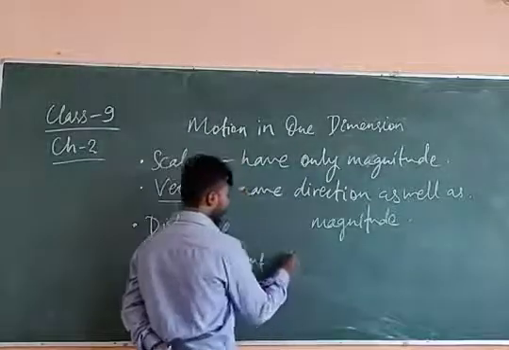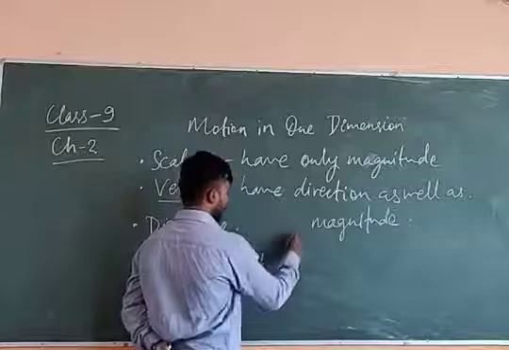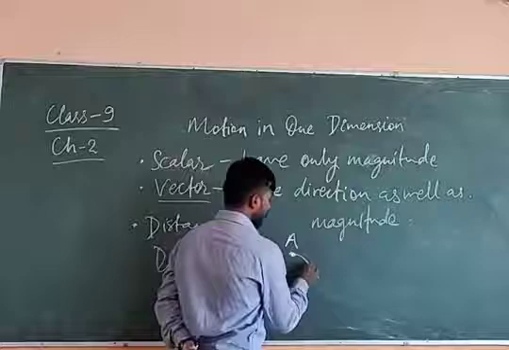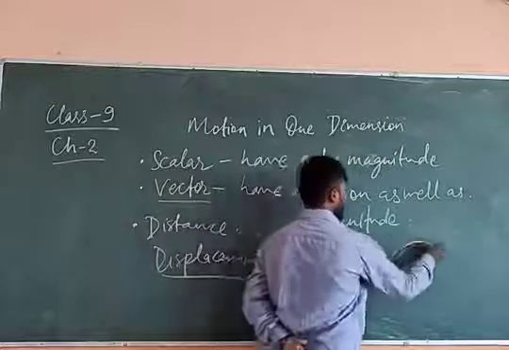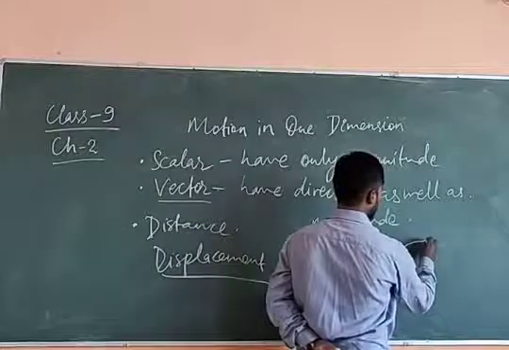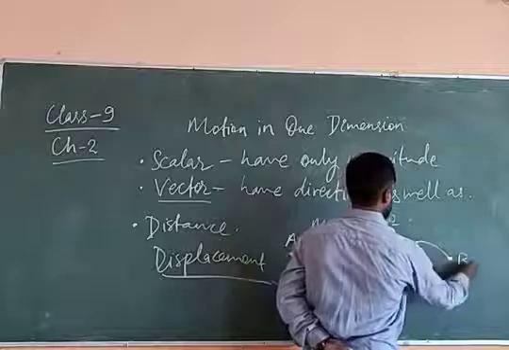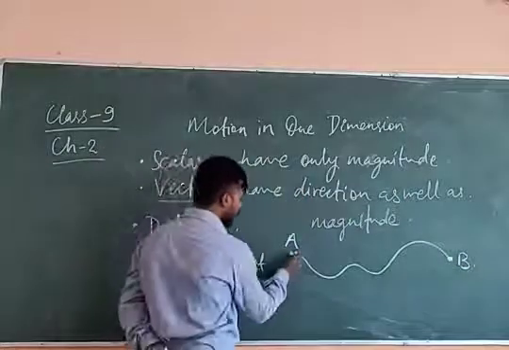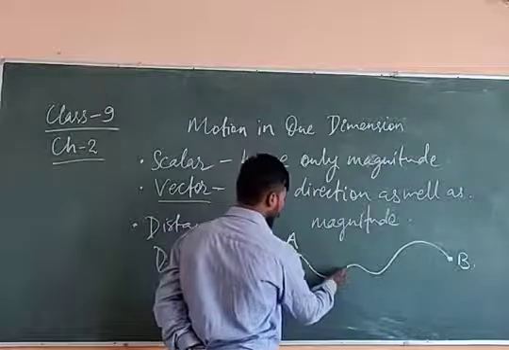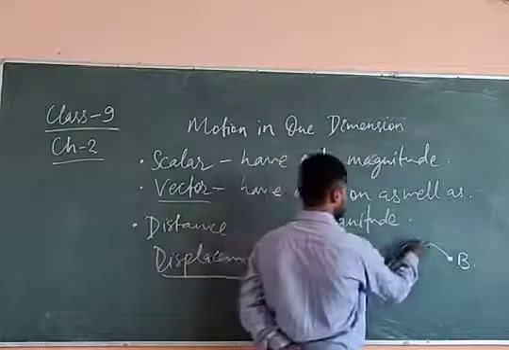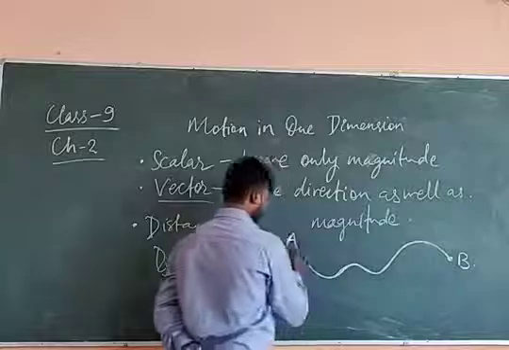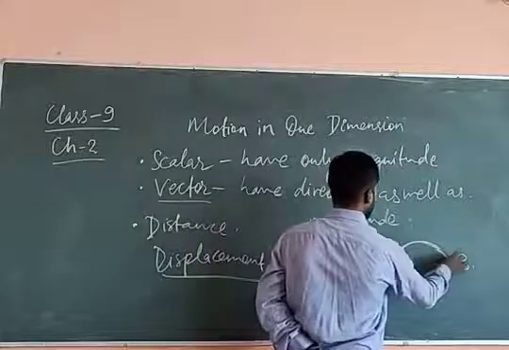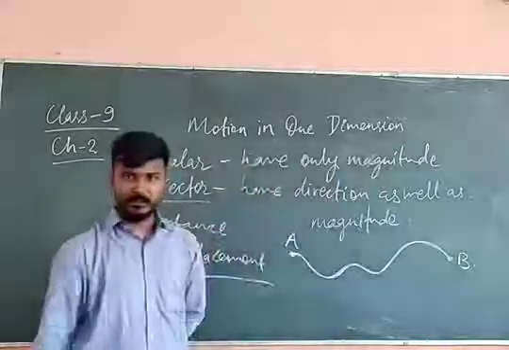Suppose a body starts from this point A and goes to this point B. Then the whole path is the actual path, and this path is known as the distance covered by your body.